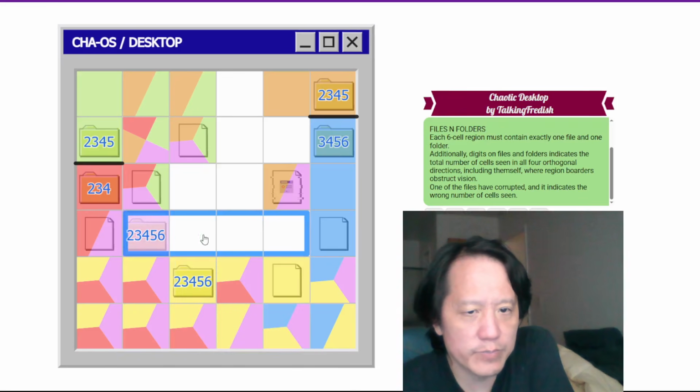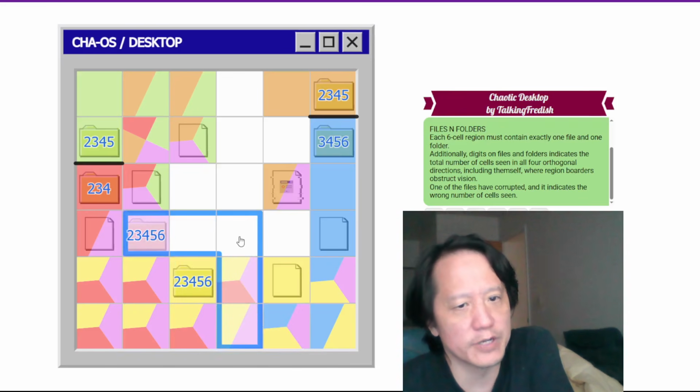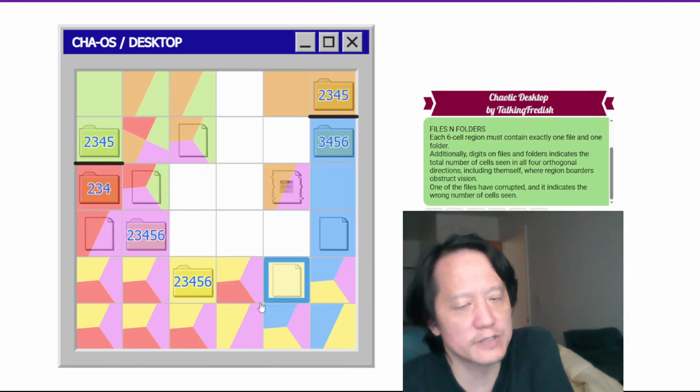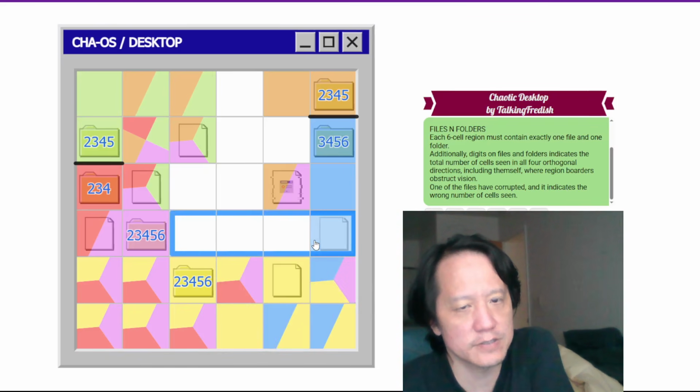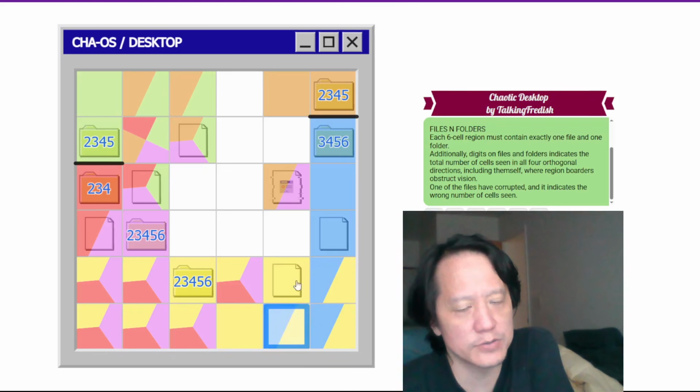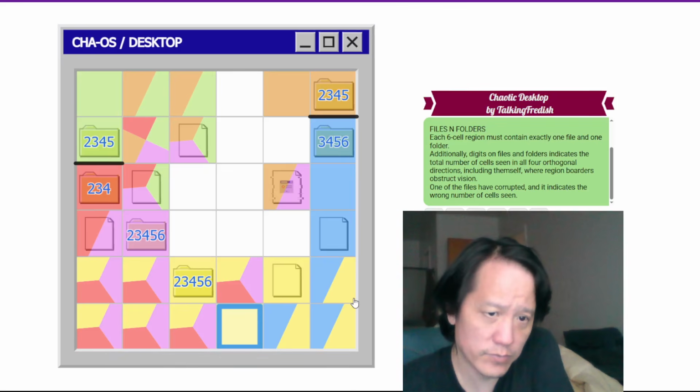I don't think pink can go this way anymore, because if pink goes this way, that blocks yellow from connecting to its file. So no more pink here, no more pink there. Pink can't be here, so this is blue or yellow. This is yellow.